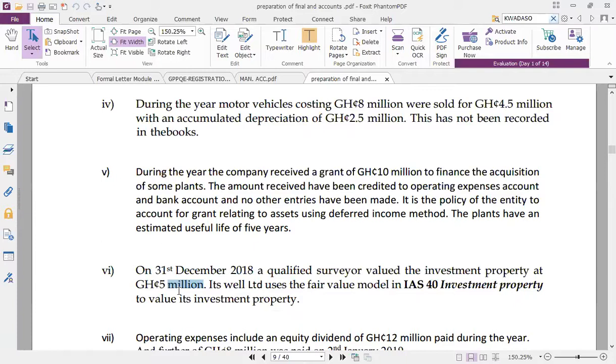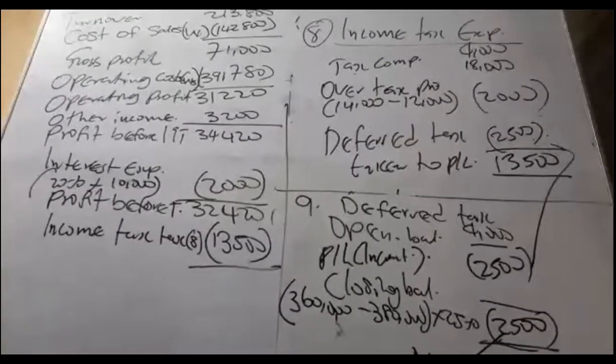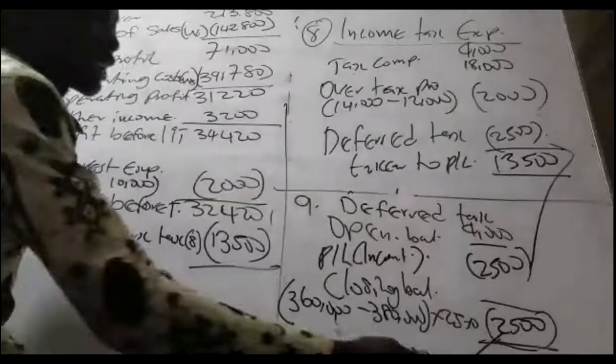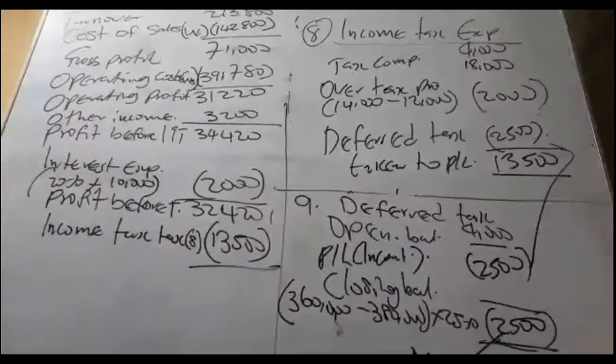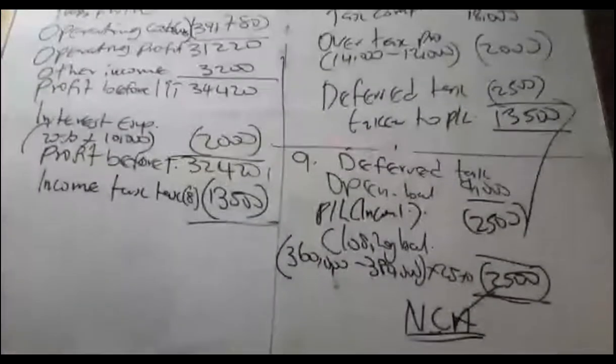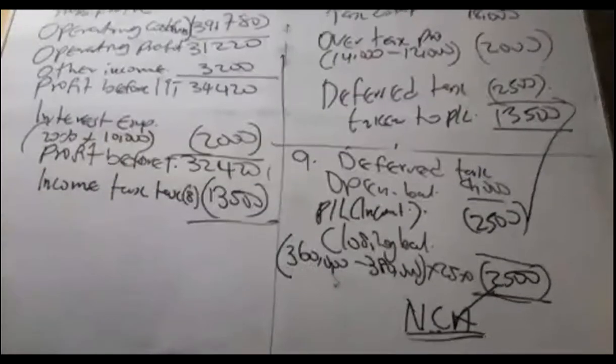Now let's go to the next line. That's the next asset, right? Deferred tax asset. So the next line is deferred tax assets. So for the deferred tax asset, you record the 2,500 there. So let's go and do that.